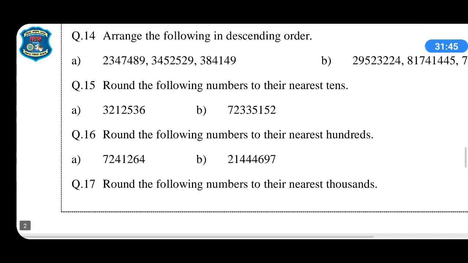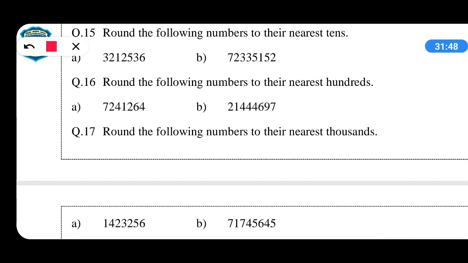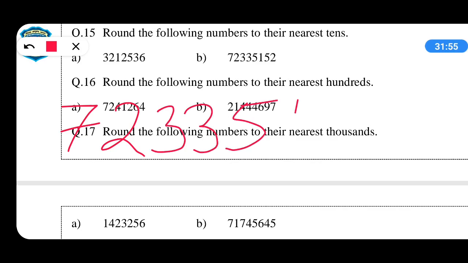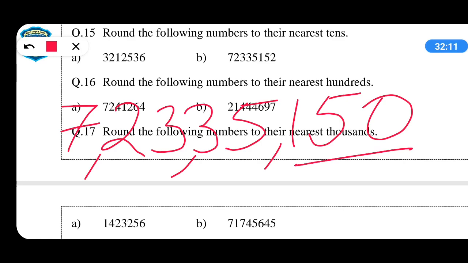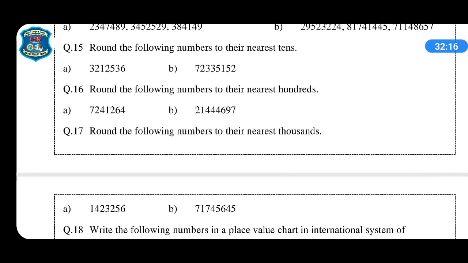So the number will become 7 2 3 3 5 1 5 0. It will become 7,23,35,150, right? So it will become the round off to the nearest 10, right?